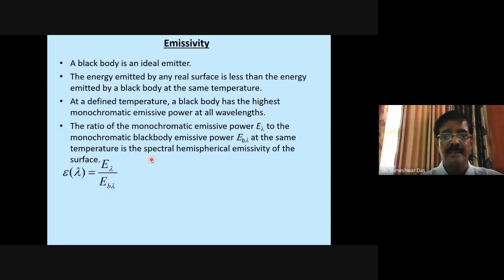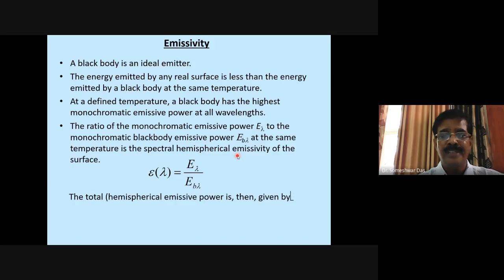This is given by epsilon lambda equal to E lambda divided by EB lambda, the ratio of the emission at a given wavelength lambda to the black body emission for the same wavelength, and that is the emissivity at a given wavelength.